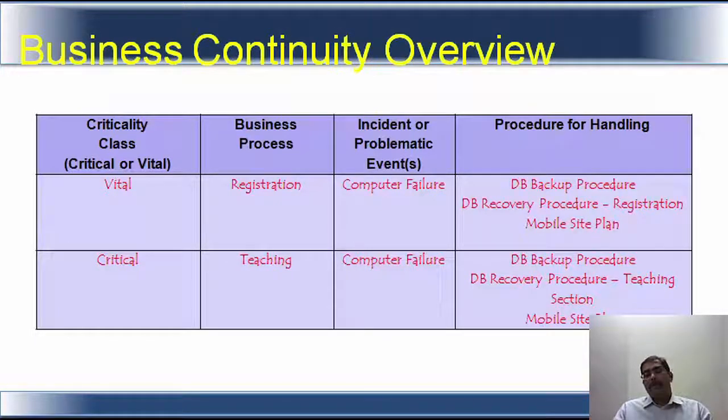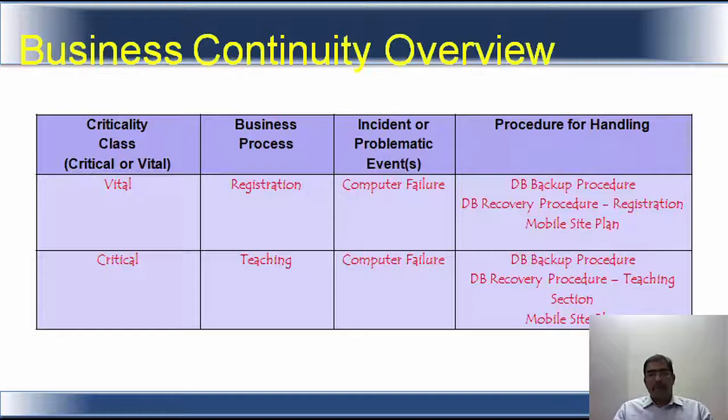Looking back at the same example of a university, we can classify the criticality class, critical or vital. What are the business processes affected? What is an incident or problematic event? And what is the procedure for handling?